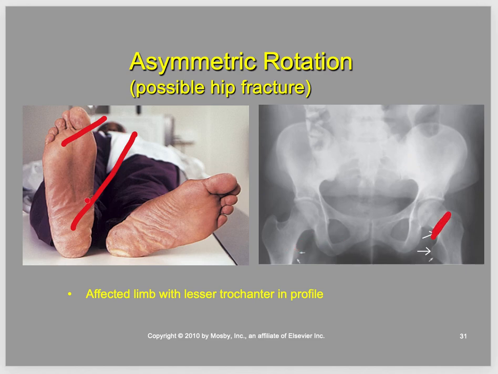So even if they can't rotate the affected leg in, make sure you bring this one up. Either put it in the AP position or rotate it in for the true AP position. And this is usually what you're going to want to do because you're going to want to hide this lesser trochanter. So rotate this one in, leave the affected leg alone, and make your image of your pelvis to see if you can visualize any kind of a fracture.